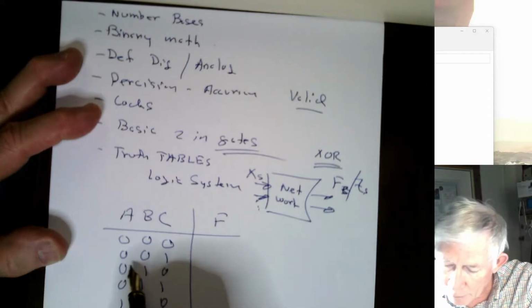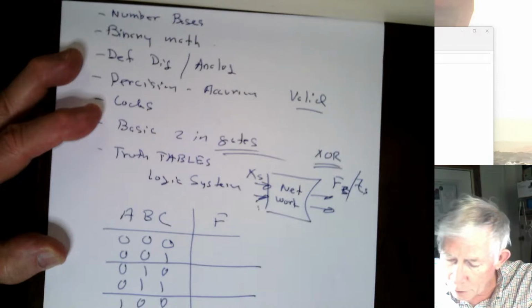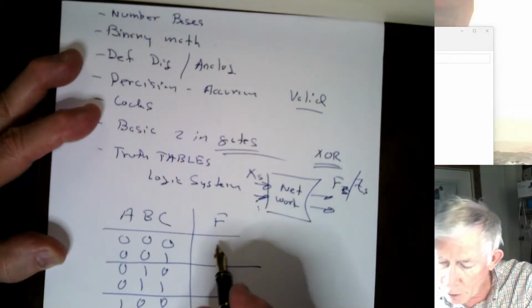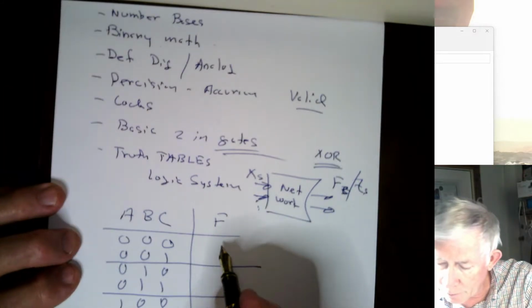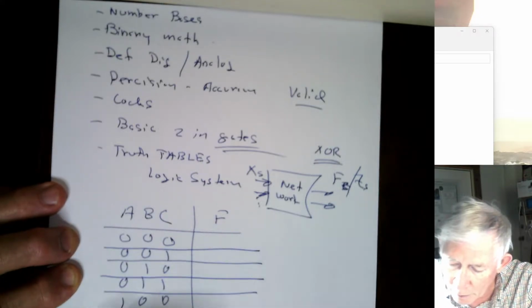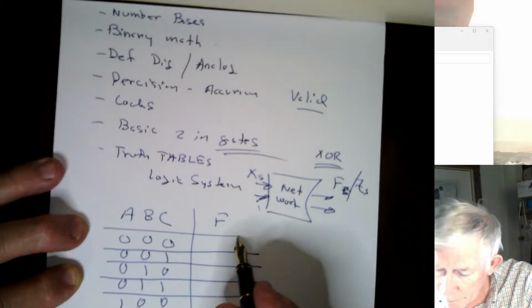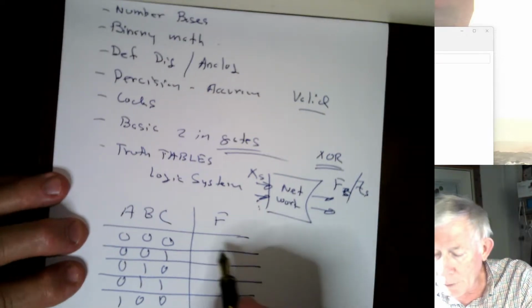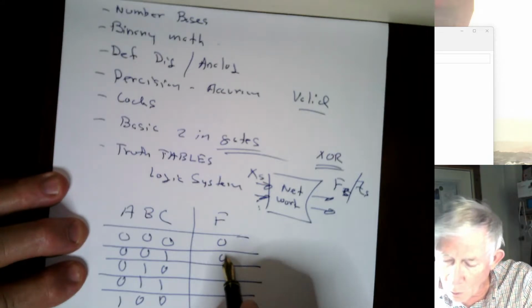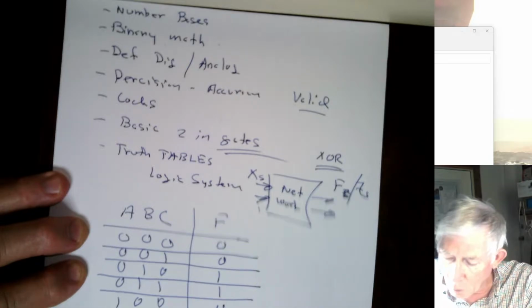I'll draw some lines so we can keep track of it better. Let's say we have some F: 0, 1, 0, 1, 1, 0, 1, 1, something like that.